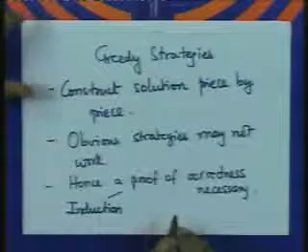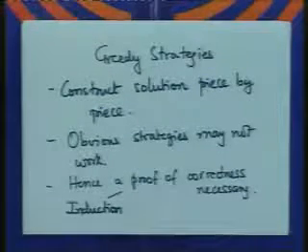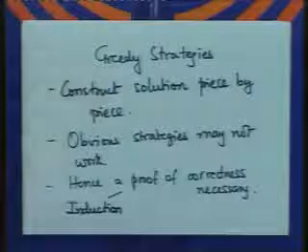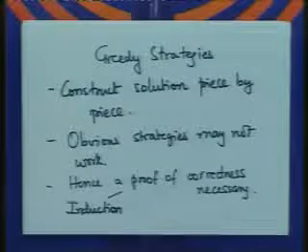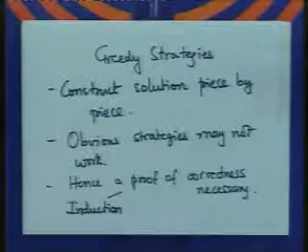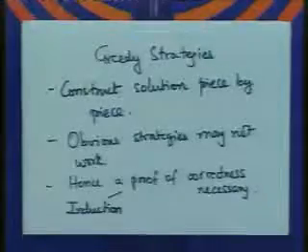Since you are constructing these solutions piece by piece, you find the first piece, argue that this is correct, and then your proof usually works by induction on the rest of the input. You argue that on the rest of the input your strategy works by induction, and added to the first thing that you picked, it gives you an optimum solution. This is what we followed yesterday.